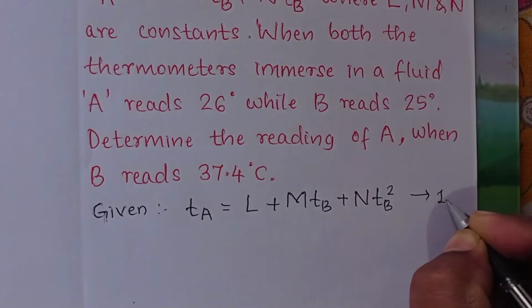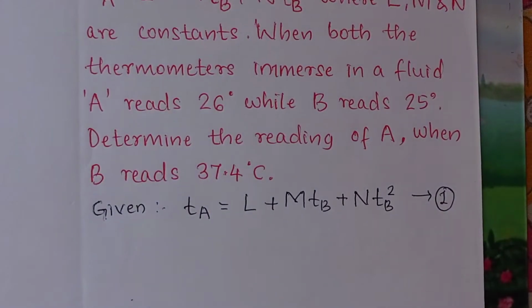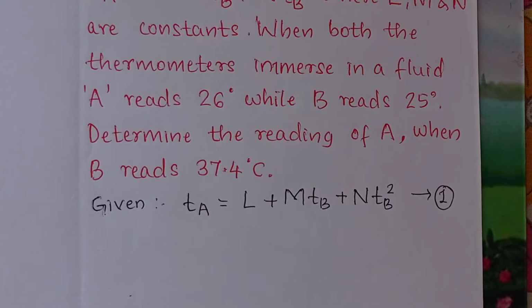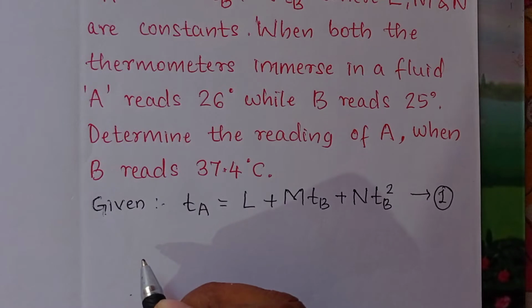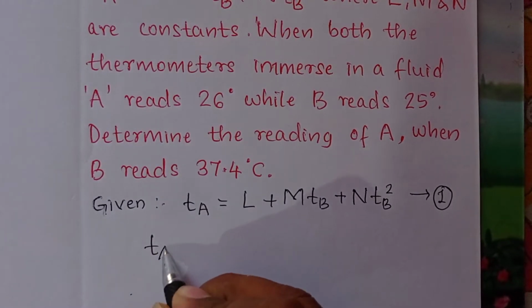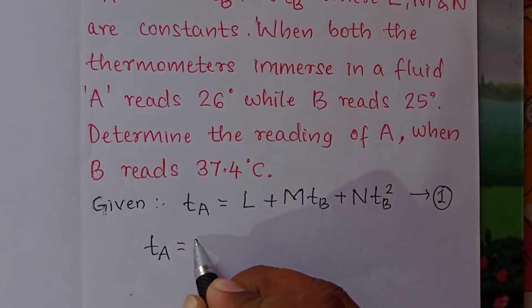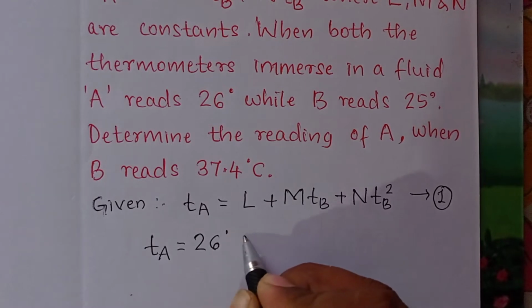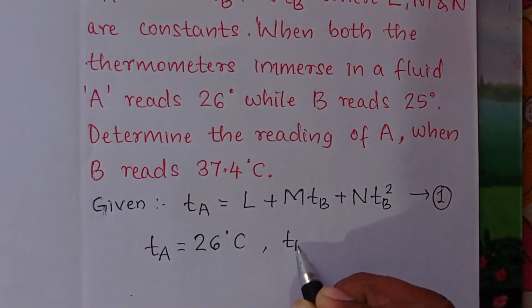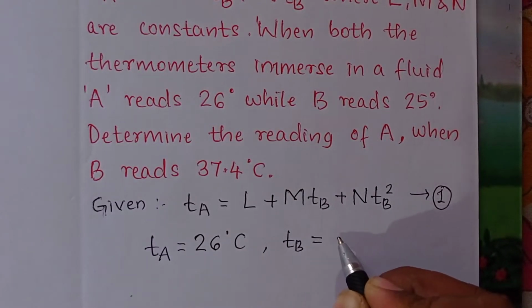This is the governing equation we have. Then when A is 26 degrees centigrade, B is 25 degree centigrade. This is given in the problem.